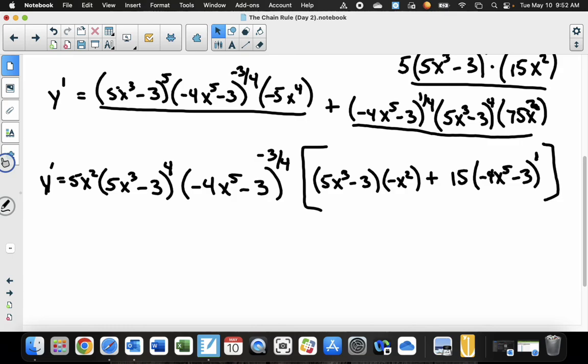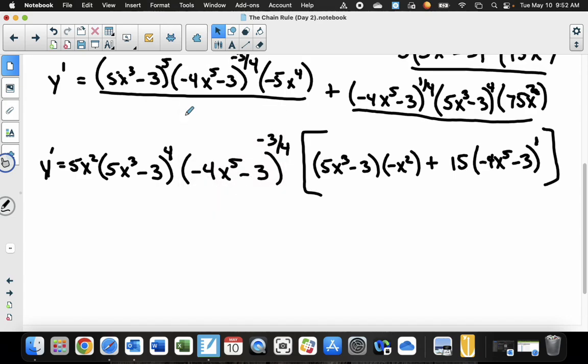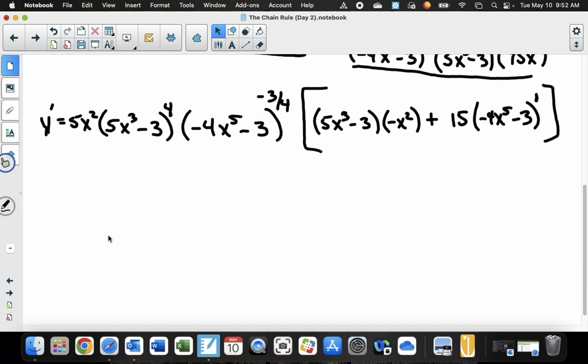So it kind of cleans it up a little bit. That will always happen. That's why I wanted you to see that. If it was a negative 2/3 that you were pulling out, you'd end up with x to the 1st power. It'll always end up with whatever that quantity is to the 1st power. And now the rest of this actually isn't too bad. You've done all the hard stuff.